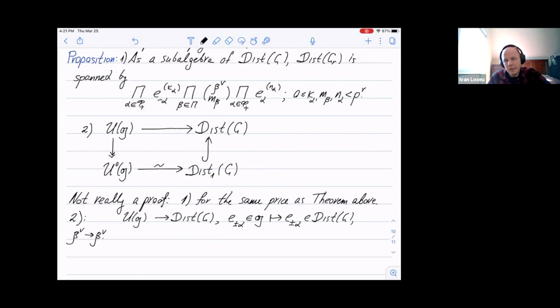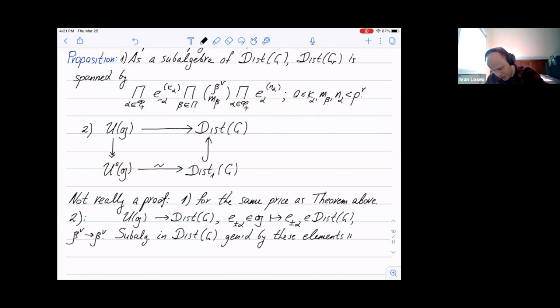And then you can see that the subalgebra in this Dist G generated by these elements is precisely this G_1.